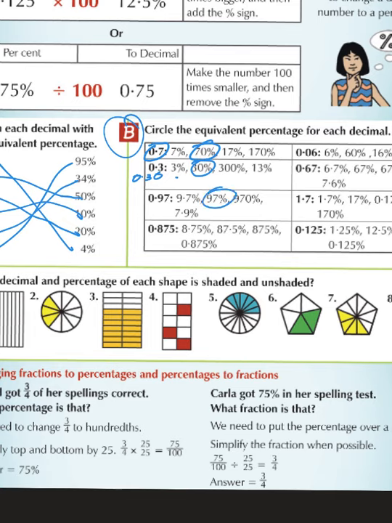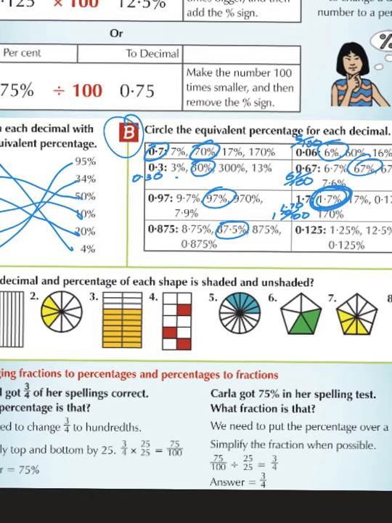0.97, 97%. 0.875 is 87.5%. 0.06, 6 over 100, 6%. 0.67, 67 over 100, 67%. 1.7, so it's one whole number. 1.70, you could even call it 1 and 70 hundredths. It's 170%.